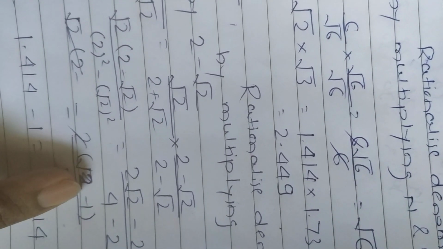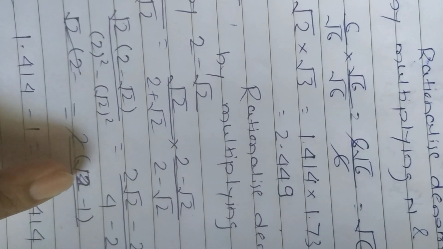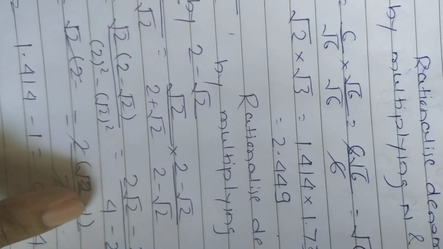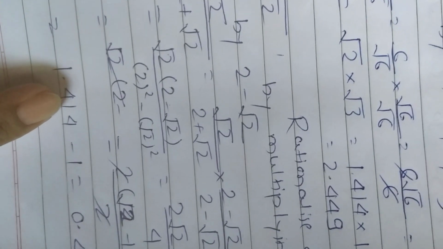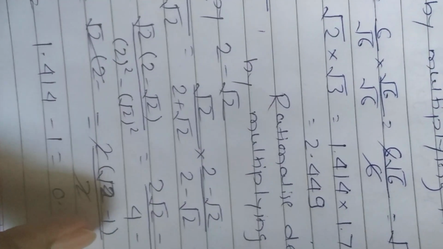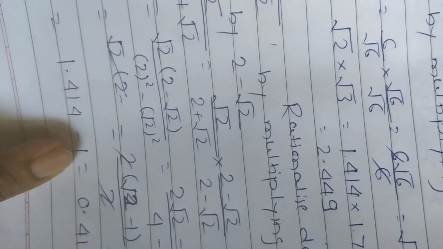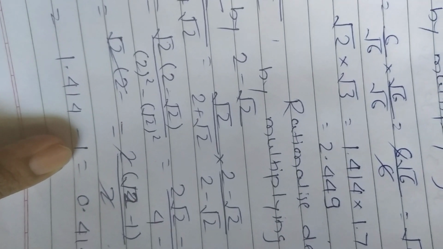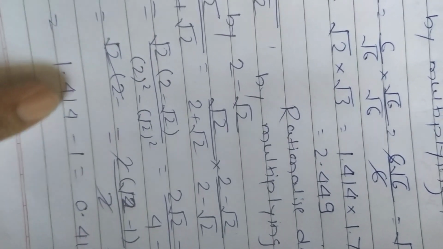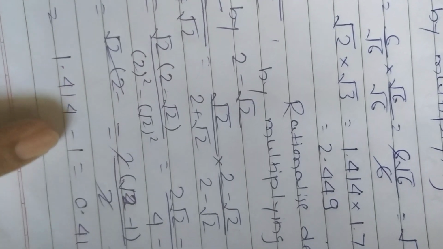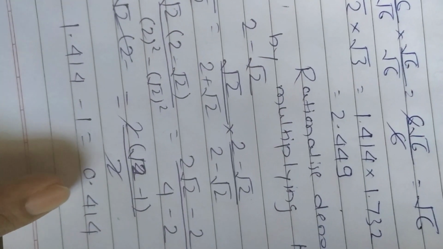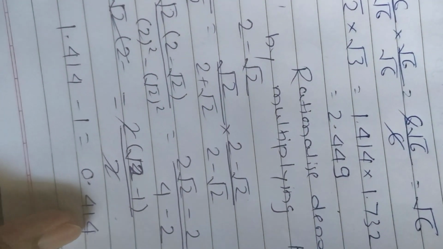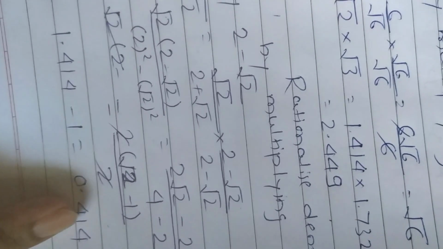But here, what is root 2? The value of root 2 is given to us, it is 1.414, and it is minus 1, right? If you perform the subtraction, 1.414 minus 1 becomes 0.414, and this is our answer.